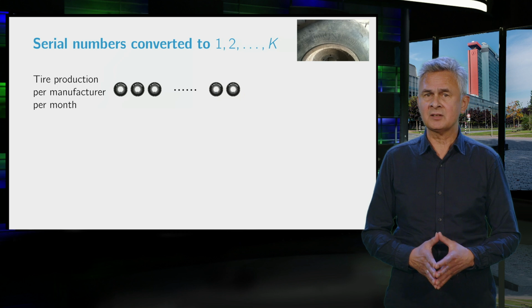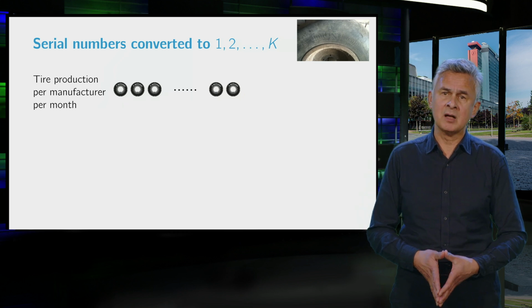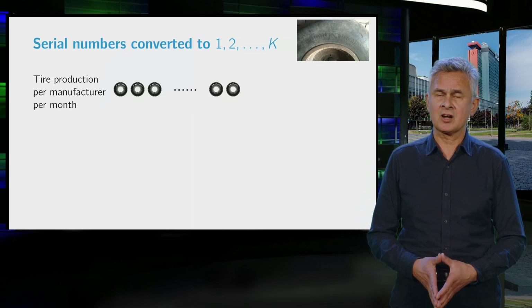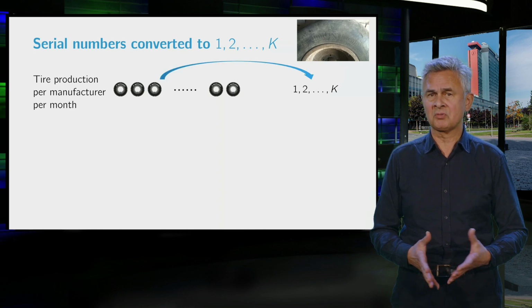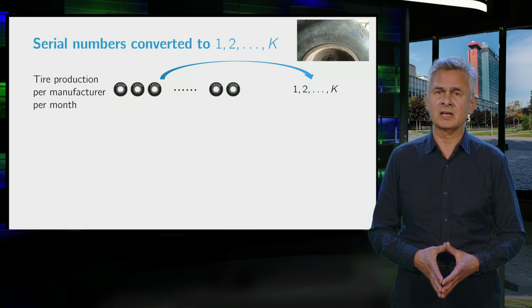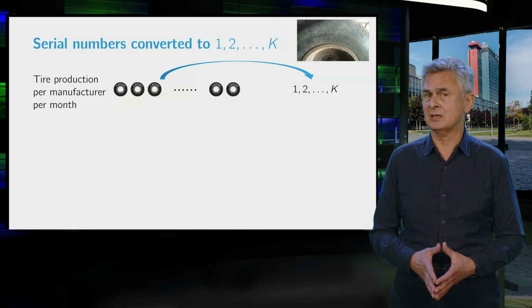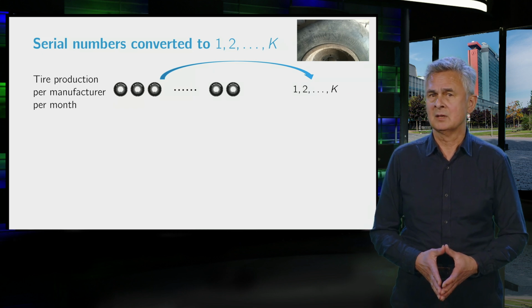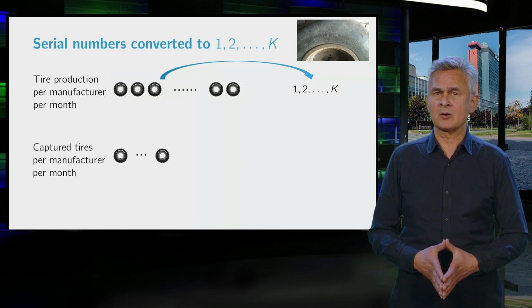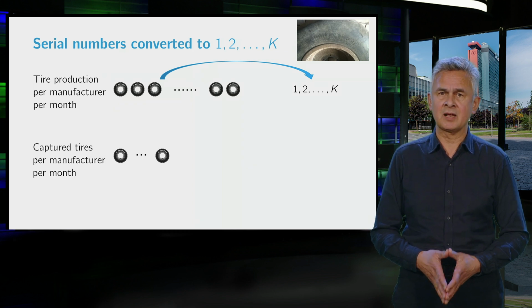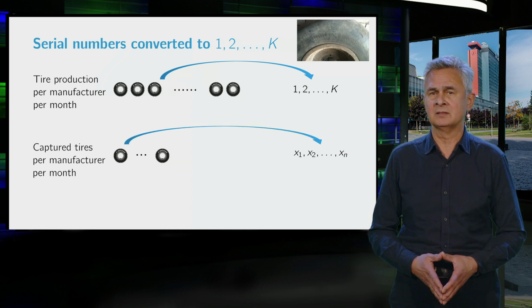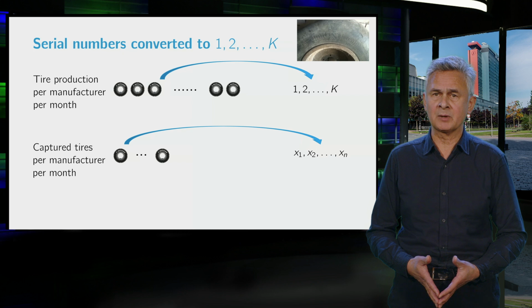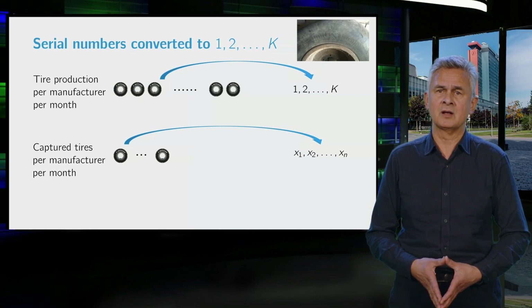Now, this meant that given the manufacturer, month and year, each tire was given a serial number starting at 1, 2, 3, and so on until a largest unknown number, say K. The corresponding dataset of captured serial numbers could then be represented as numbers x1 up to xn, being drawn without replacement from the numbers 1 up to k.